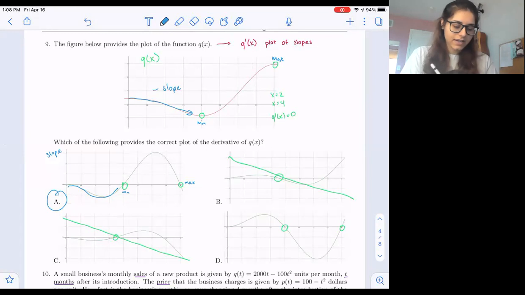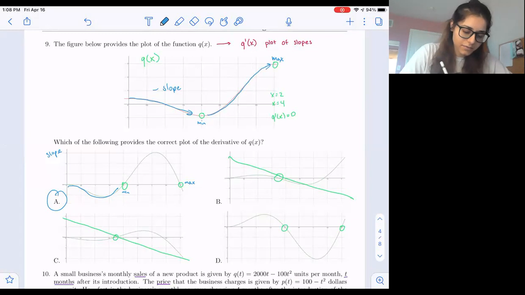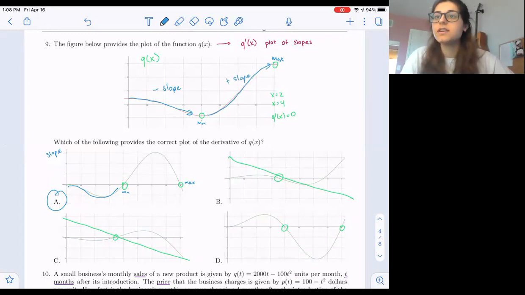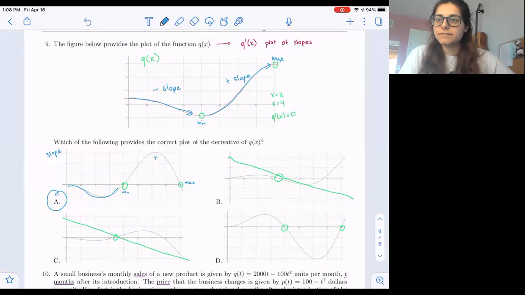Right, so here we had a negative slope before the first critical point, so it was below the x-axis. Here it's increasing, it's going this way, so it's a positive slope. Therefore, the derivative function must be above the x-axis because we've got positive values here.